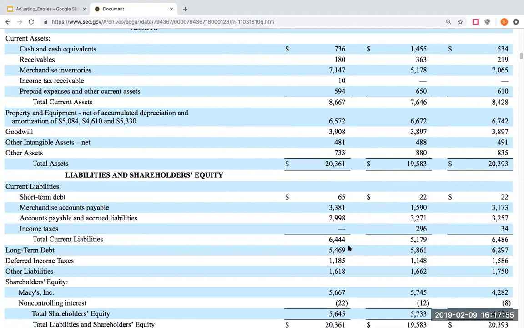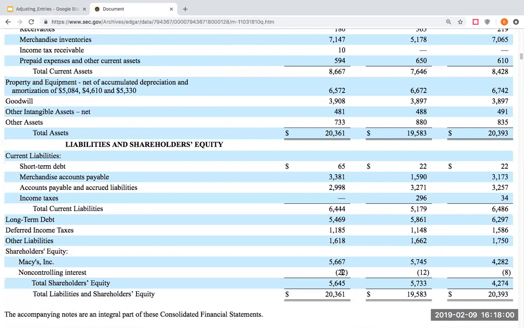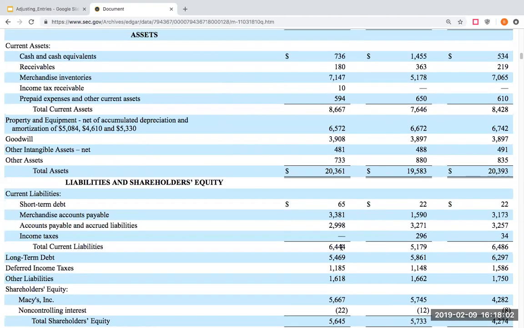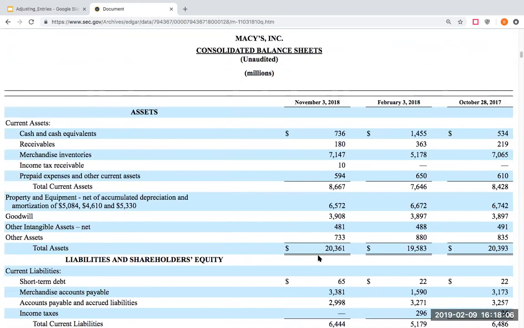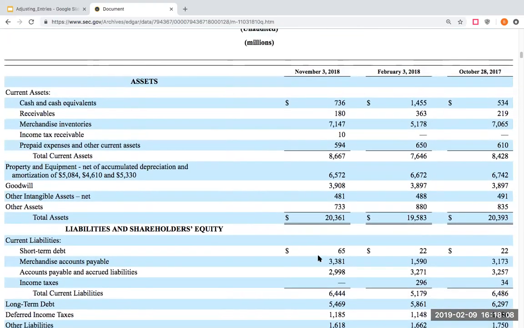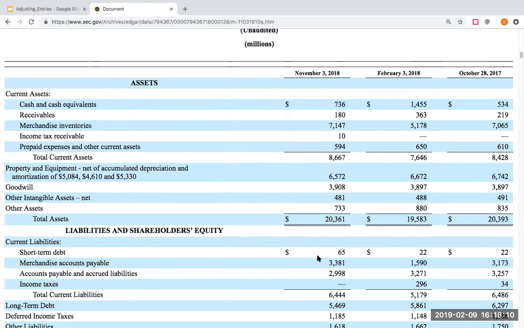Below current liabilities, you have long-term debt, deferred income taxes, and other liabilities. That's what you have for a company like Macy's. So this is why, when doing a classified balance sheet, it's very important to understand what a company can potentially have liquid within that 1 year.